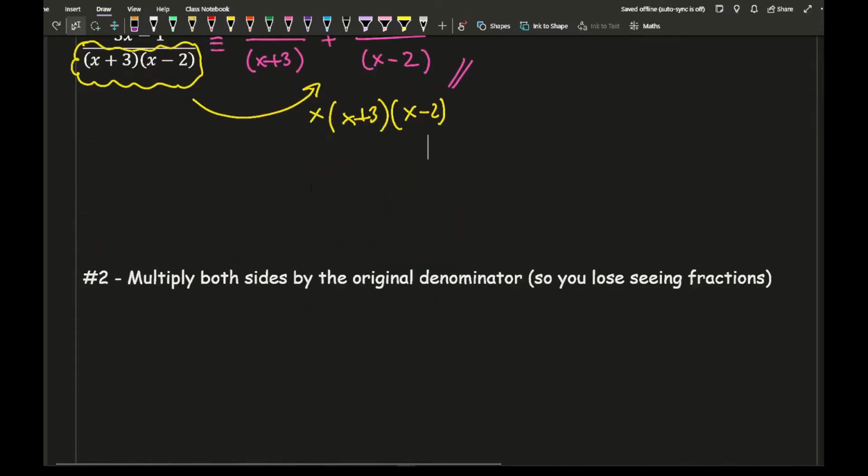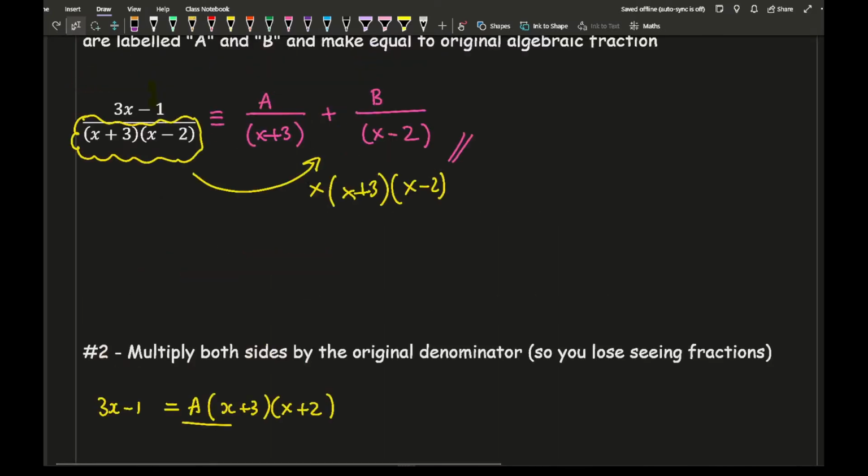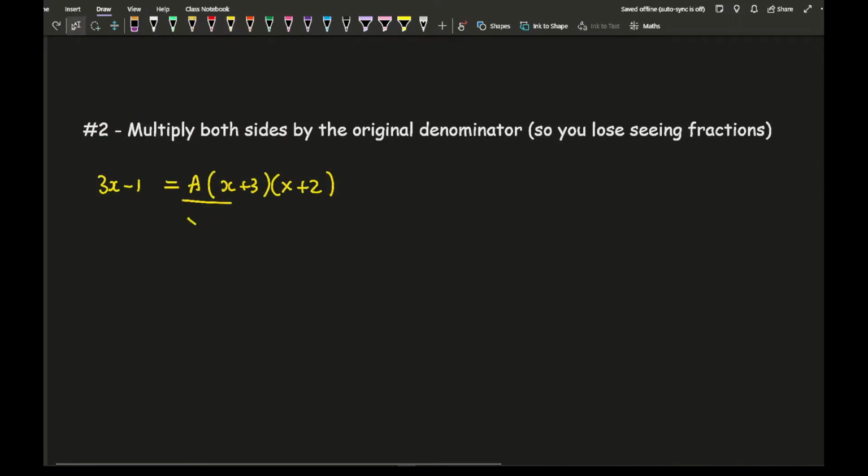So what I end up with is 3x minus 1 equals A times x plus 3, x minus 2, over x plus 3, and plus B, which was over x minus 2, and I'm going to multiply that also by x plus 3, x minus 2.